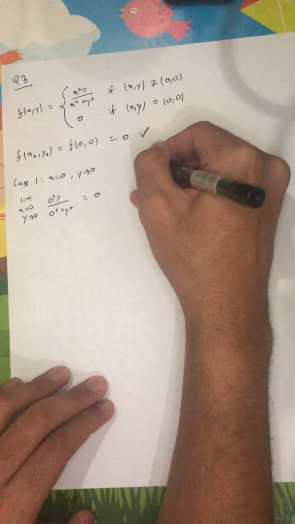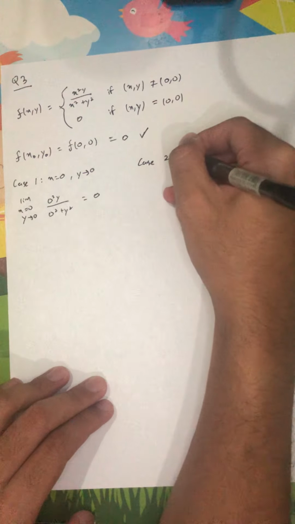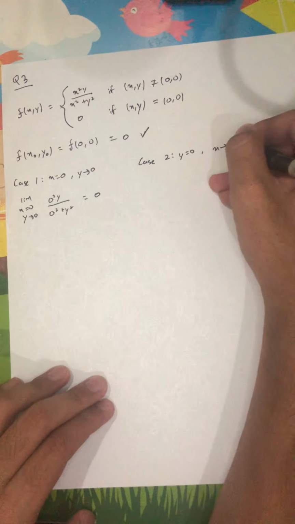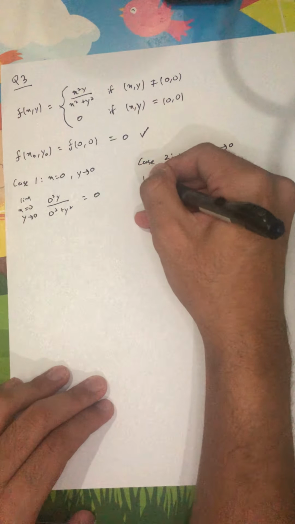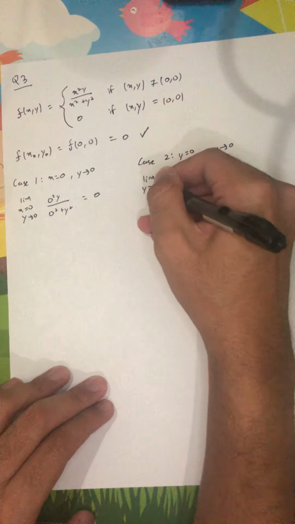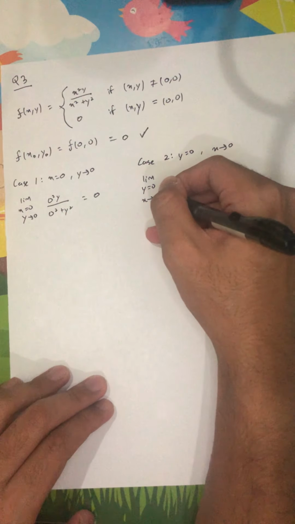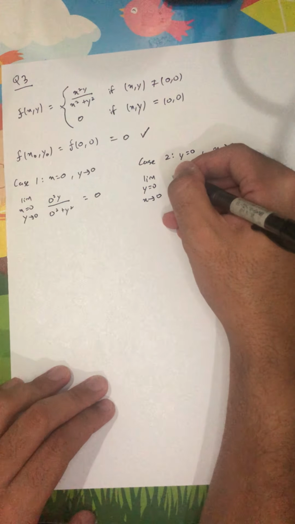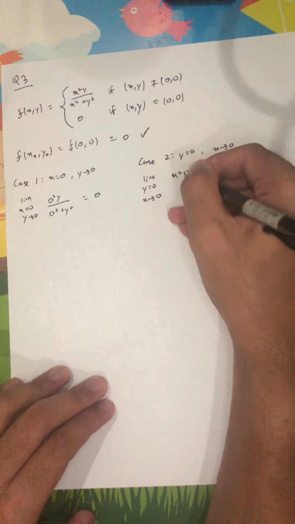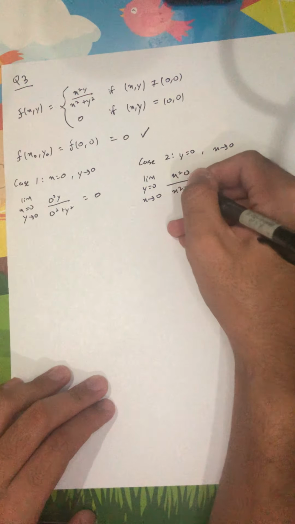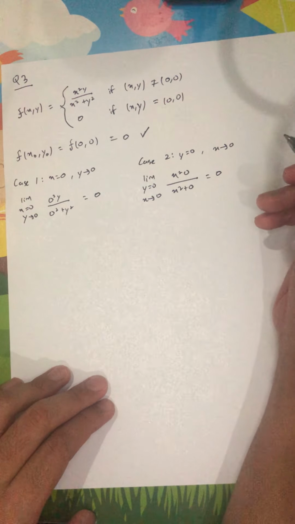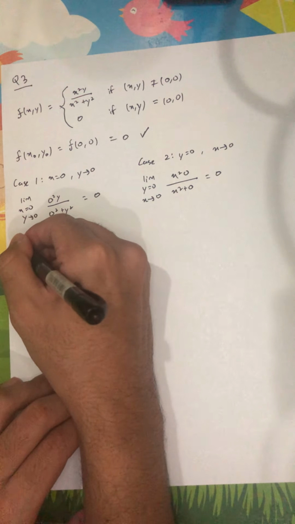Now case 2, we set y equal to 0 and we find the limit as x approaches 0. We replace all the y's with 0, we will have x squared times 0 over x squared plus 0. Similarly, it is 0.